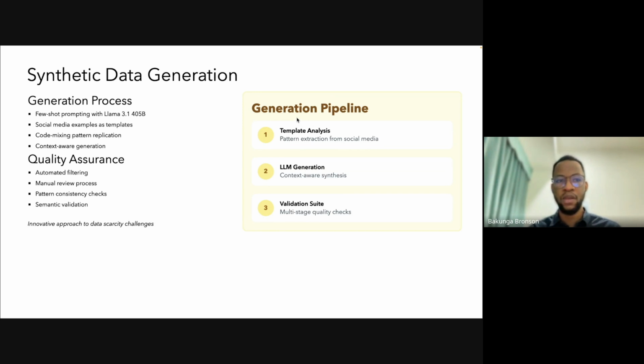For example, sometimes the model will give you back a very long string of text, or just fully Luganda or fully English. In that case, obviously that would be removed, and the actual code-mixed sentences would be the ones that are reviewed.